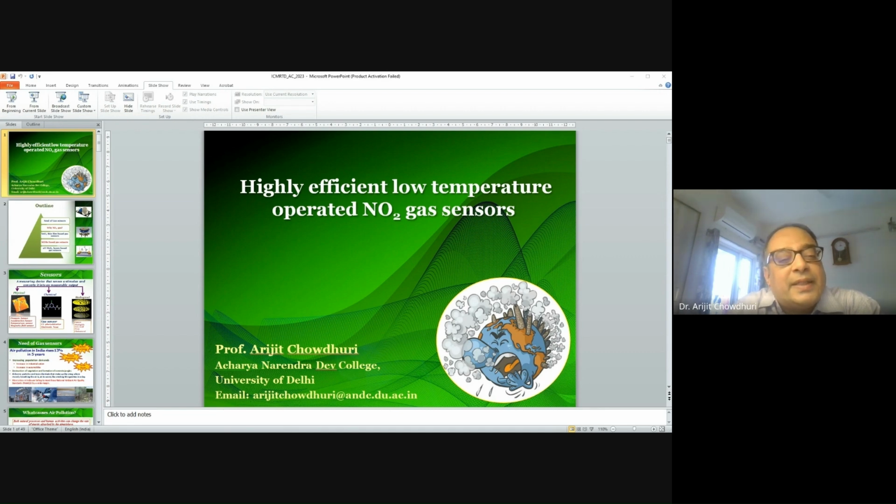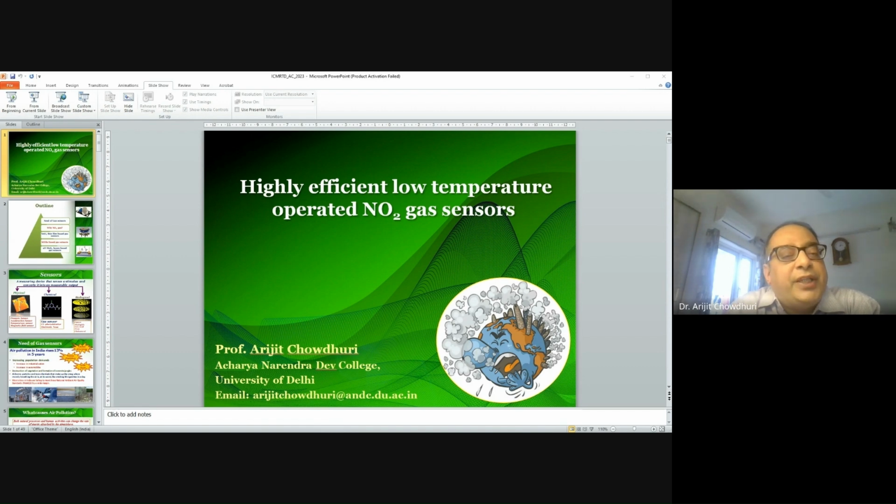The ozone in the lower atmospheric region is causing global warming, and NO2 gas also reacts with water vapors present in the atmosphere to form nitric acid, leading to precipitation in the form of acid rain. Hence, NO2 detection finds importance in the day-to-day life of humans.